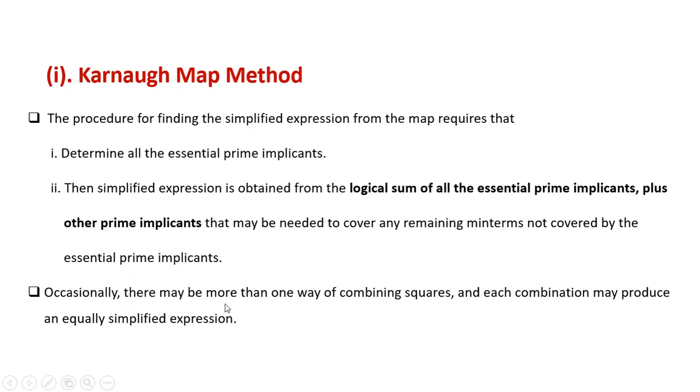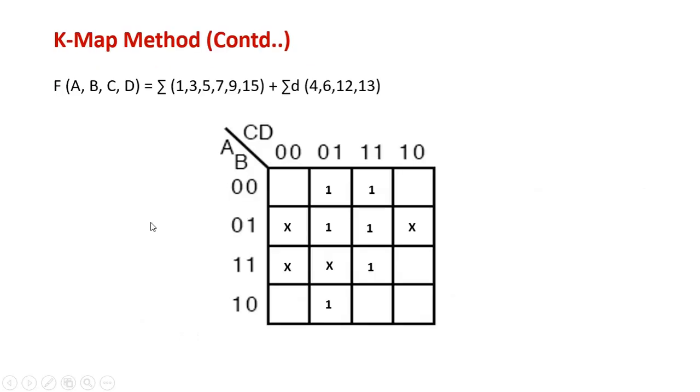Now sometimes you may find that there may be more than one way of combining squares in K-map, so we will get different combinations, and each combination may produce an equally simplified expression. Now coming to our given function, we will form the K-map as it has 4 variables, so we will have 16 squares in this K-map, AB here and CD here.